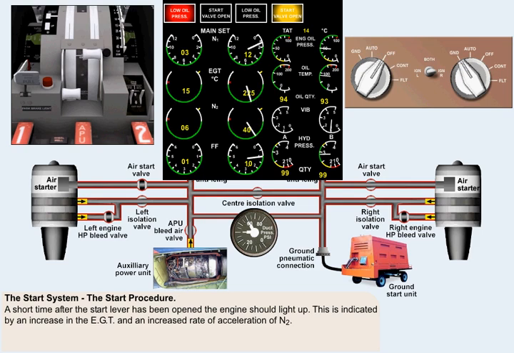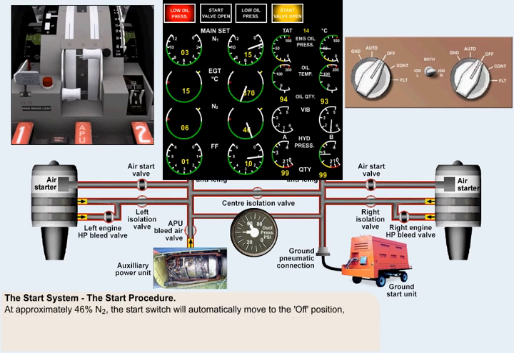A short time after the start lever has been opened, the engine should light up. This is indicated by an increase in the EGT and an increased rate of acceleration of N2. At approximately 46% N2, the start switch will automatically move to the off position, and the start valve open light will extinguish.